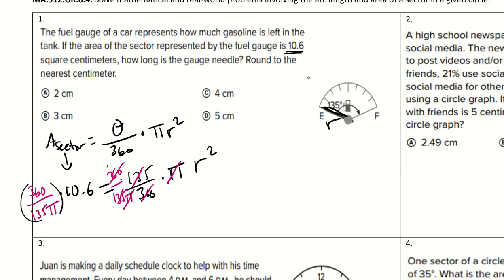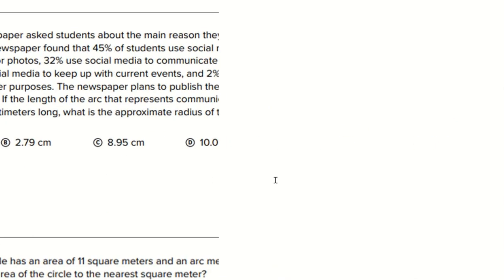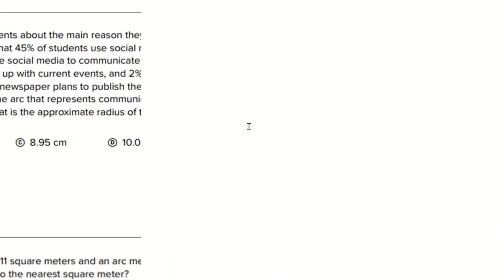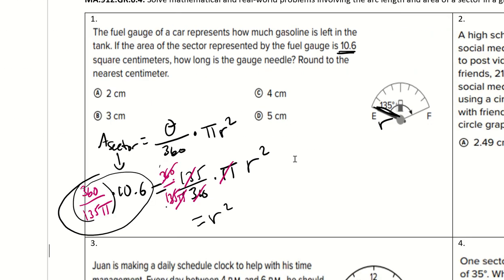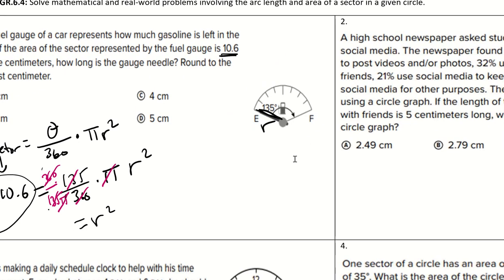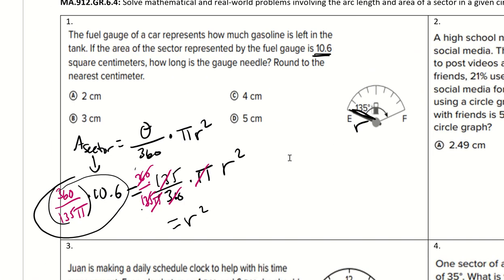So let's figure out what that is. So r squared is equal to, let's do this on the calculator, 360 over 135 pi.